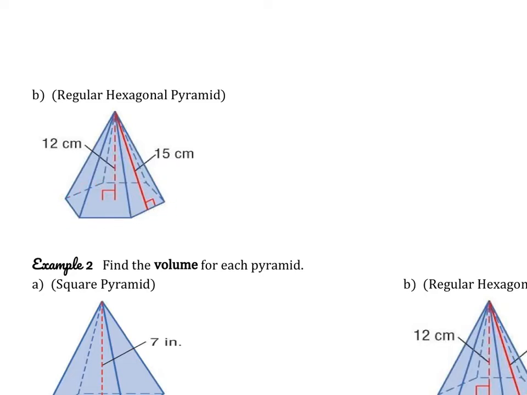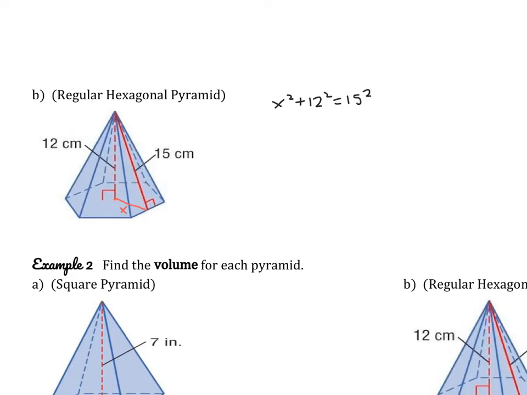So one place we can start is we can draw a line that connects the center to the bottom of our slant height. And then here we do have a right triangle, so we can solve for this distance right here using the Pythagorean theorem. So we can say x squared plus 12 squared equals 15 squared.